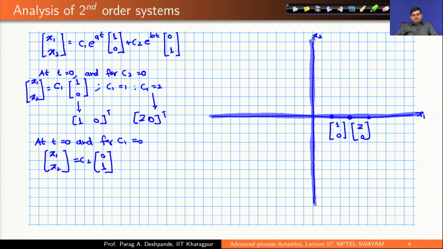Fine. Now, the question is, what is the nature of the curves which go along x 1 and x 2.